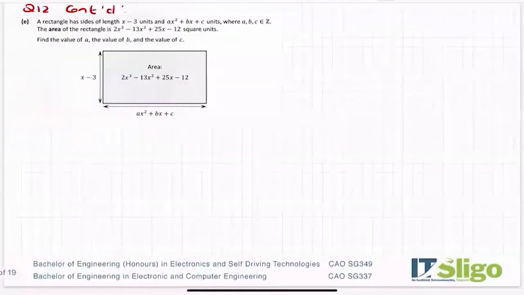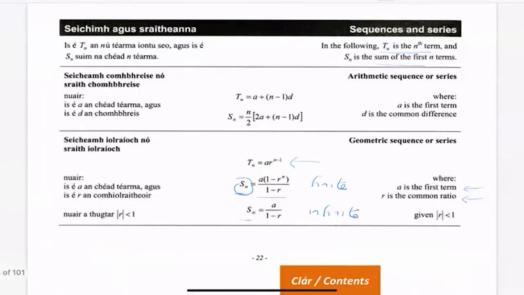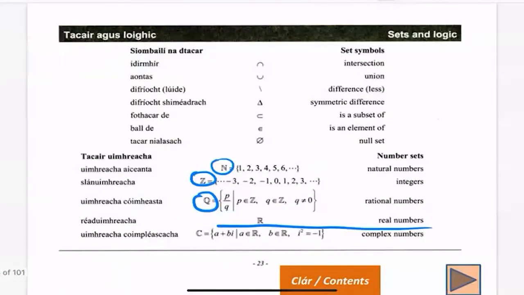Let's continue. Part E said, a rectangle has sides of length x minus 3 and ax squared plus bx plus c units, where a, b and c are integers. I know that from the log tables, which tells me all of my different number lines.